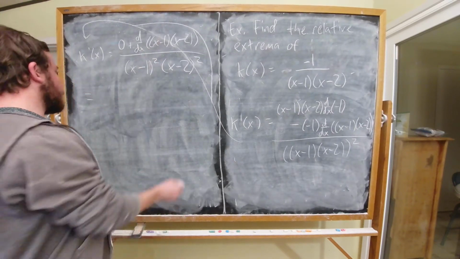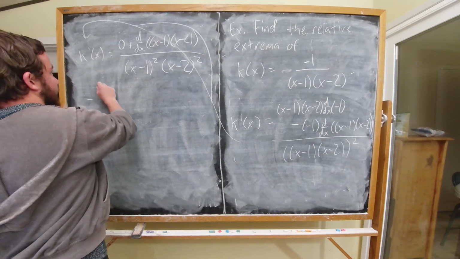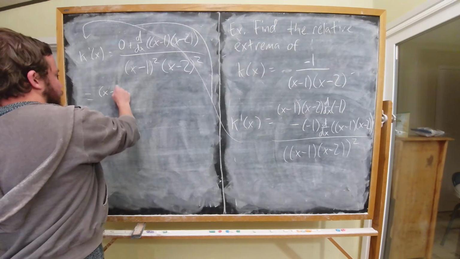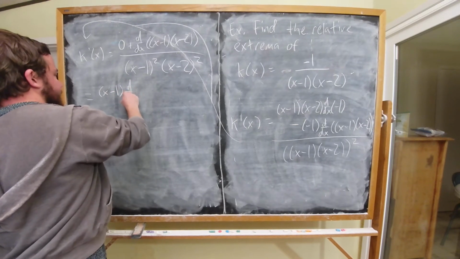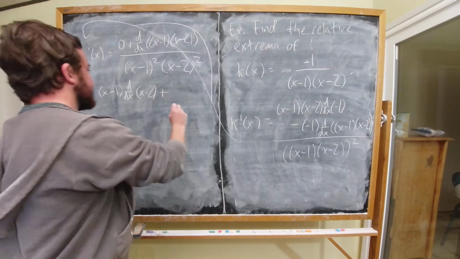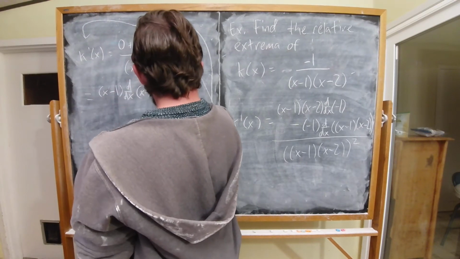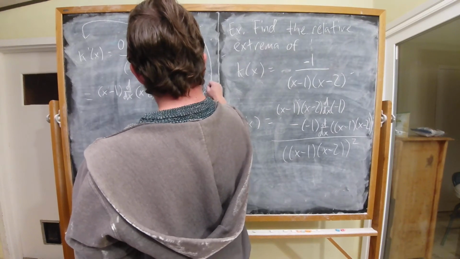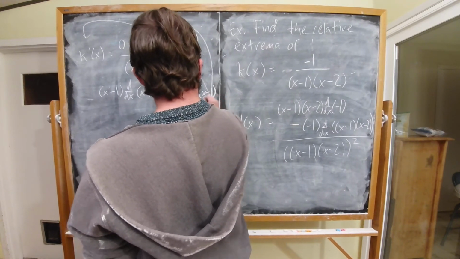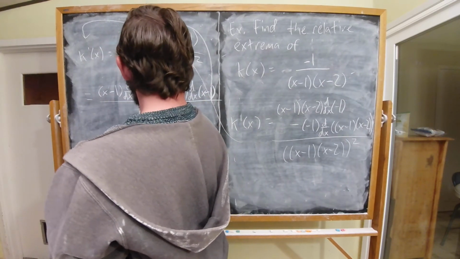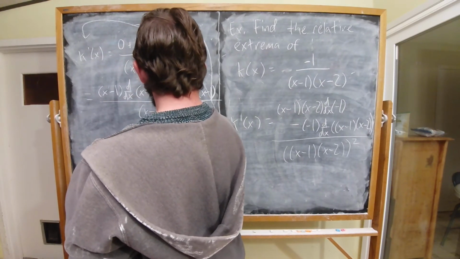Alright. Derivative of x minus 1 times x minus 2, product rule, a little more friendly. It's going to be first times the derivative of the second. So x minus 1 times d dx of x minus 2 plus the second times the derivative of the first, x minus 1 there, all divided by x minus 1 squared times x minus 2 squared.